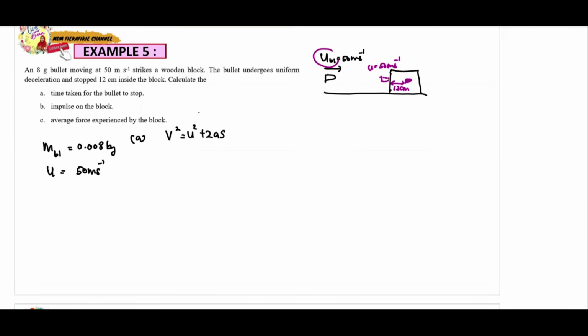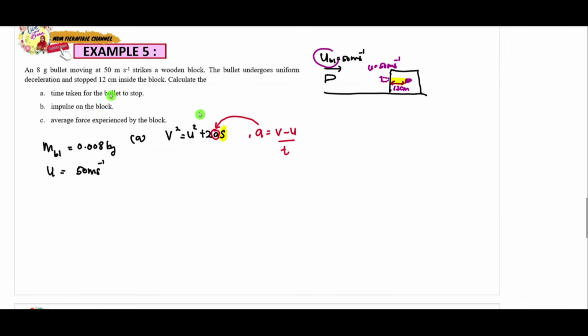Since we know the object moves 12 cm from the starting point until it stops, we already have the value of s, but we don't have a. But we can calculate a by using the equation v minus u over t. So we can substitute this equation to replace a.